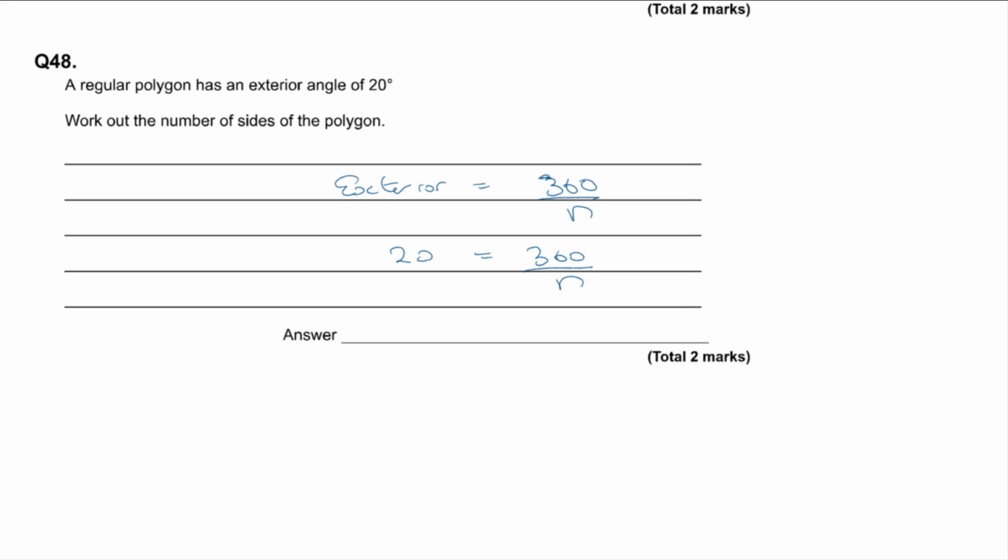Now if I cross multiply my 20 and my n, or another way of thinking about it is multiplying both sides by n and dividing both sides by 20, I'm going to get n equal to 360 divided by 20. So what's that? 36 divided by 2, that's 18. It's going to have 18 sides.